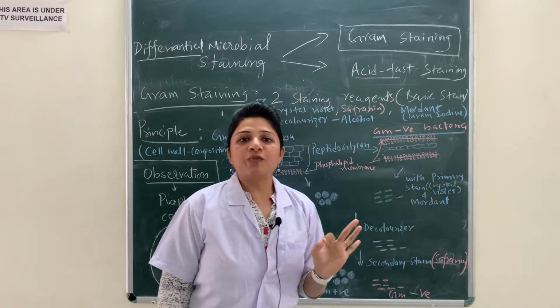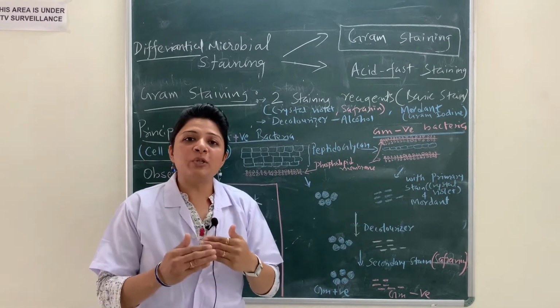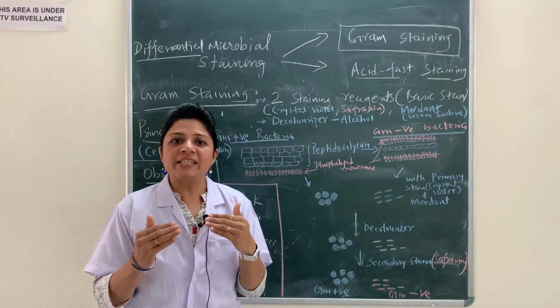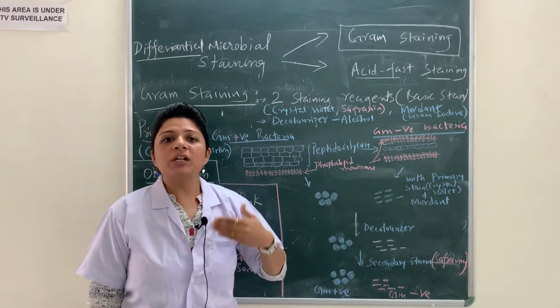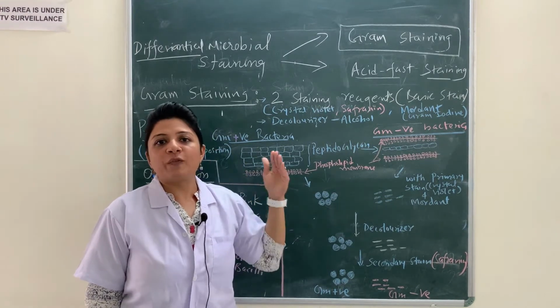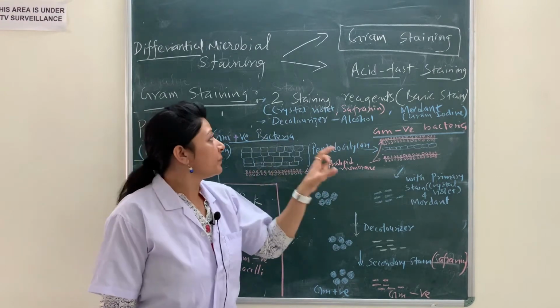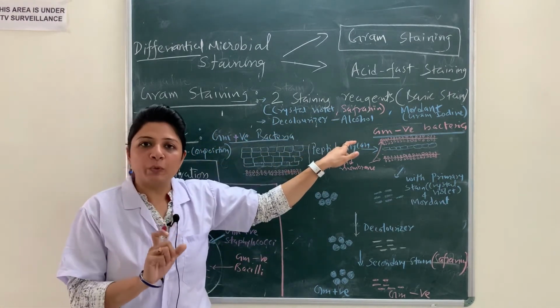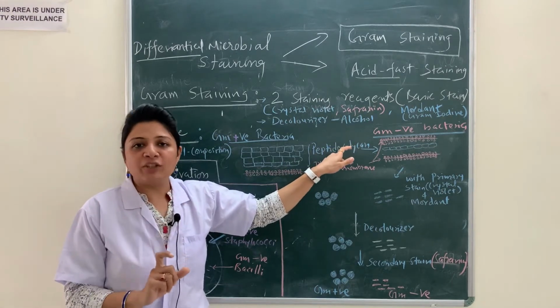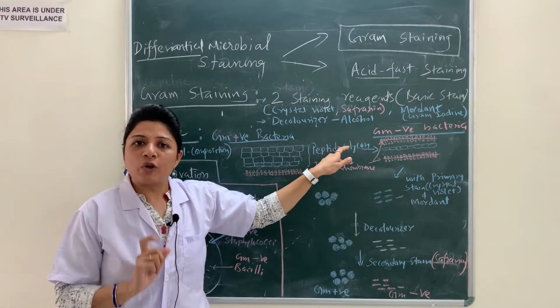What is the role of a mordant? A mordant helps to increase the affinity of the stain towards a particular organelle, so the staining capacity of the stain can be improved. And the decolorizer, that is alcohol, helps to remove the primary stain from the gram negative organisms.